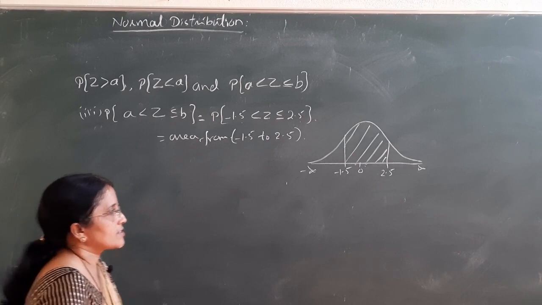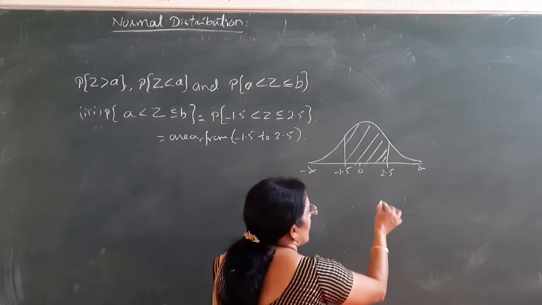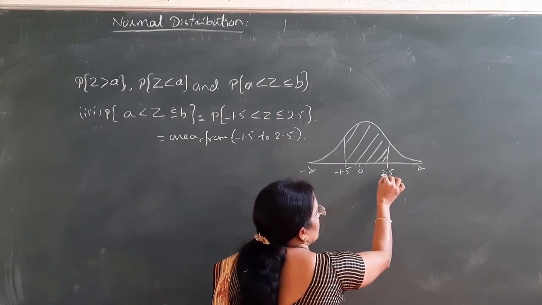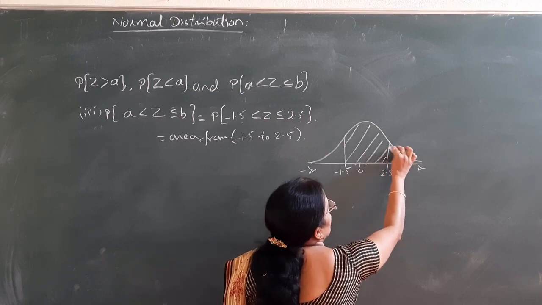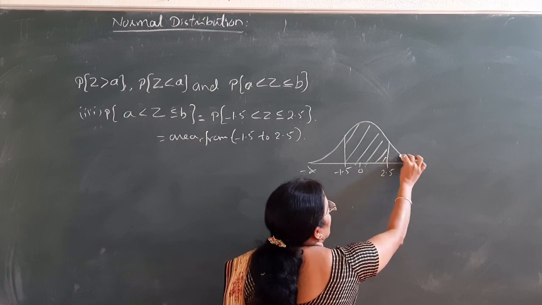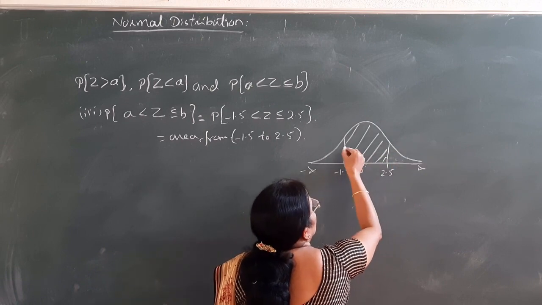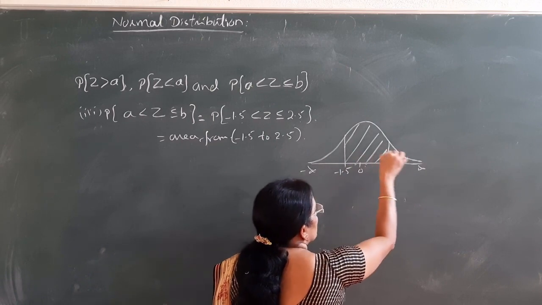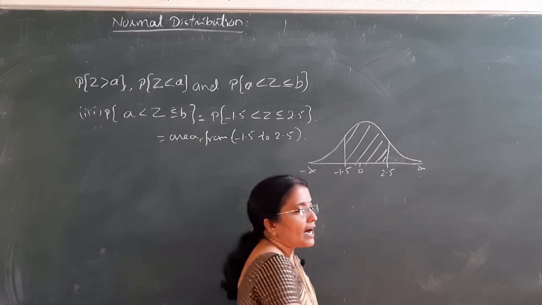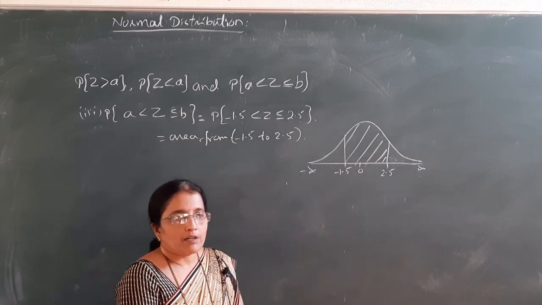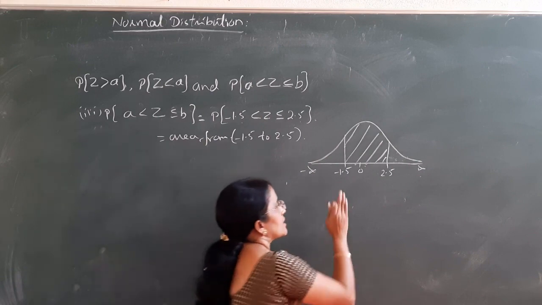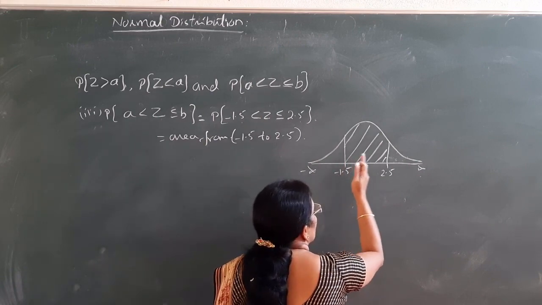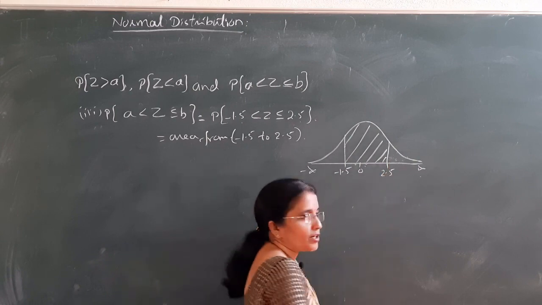How to find this? Now in the table, if z is equal to 2.5, you will get this region. This region can be obtained from the table. Similarly, the area from minus 1.5 to infinity also can be obtained from the table. So from the table, you get two values, corresponding to z equal to minus 1.5 and z equal to 2.5.